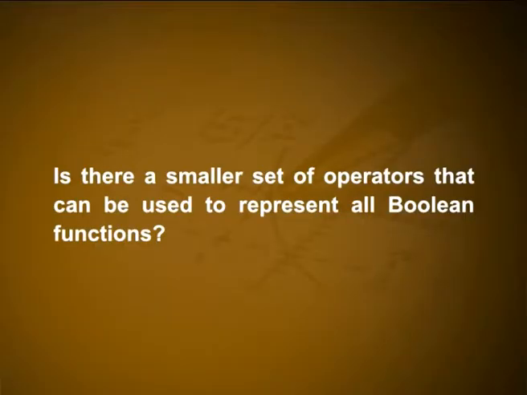The solution of this problem shows that every Boolean function can be represented using the three Boolean operators dot, plus and bar. The second problem: is there a smaller set of operators that can be used to represent all Boolean functions? We will answer this problem by showing that all Boolean functions can be represented using only one operator.